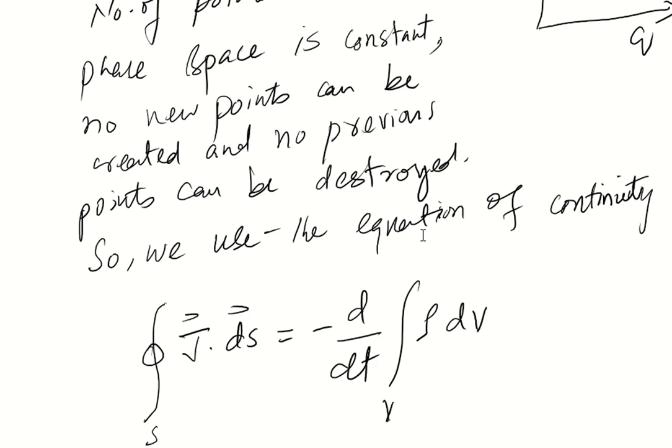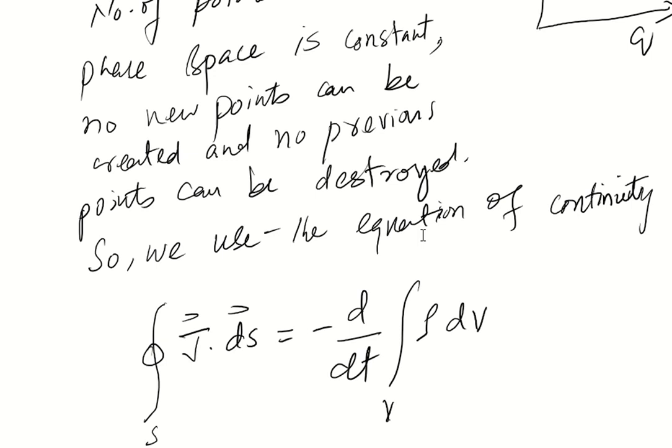So the surface integral of current density is equal to the time derivative of the volume charge density. This we know from electromagnetism pretty well. I don't want to explain it here because we are not concerned with the derivation of this theorem.